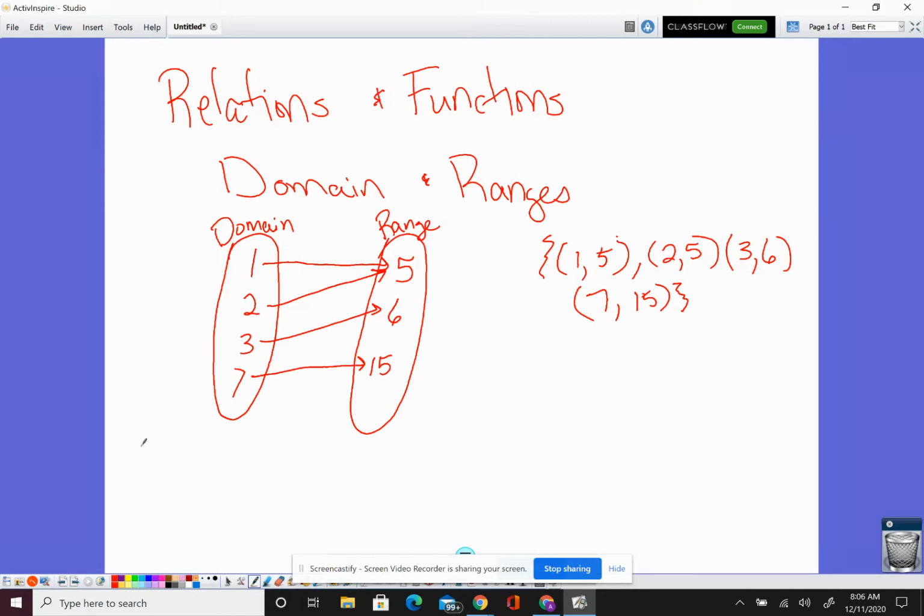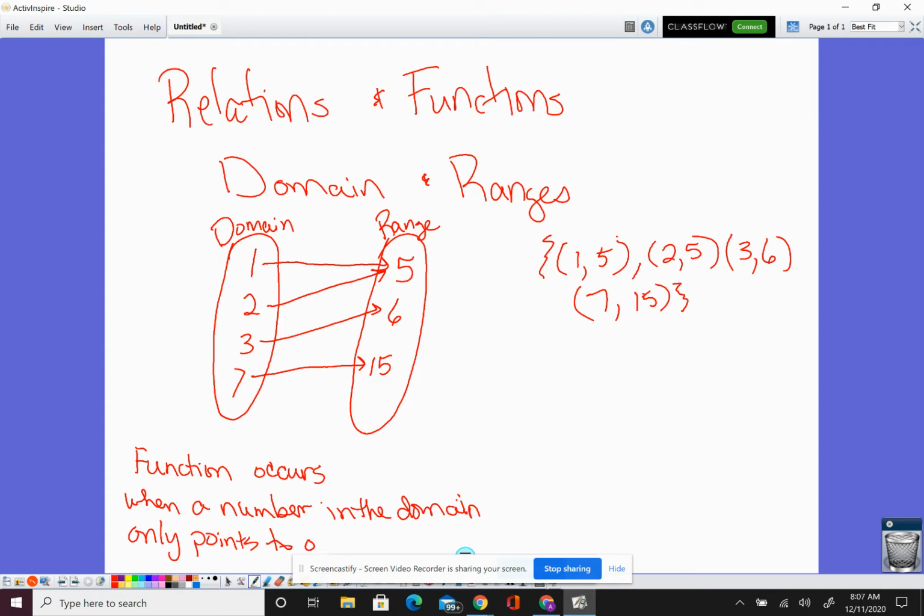So a function occurs when a number in the domain only points to one number in the range.